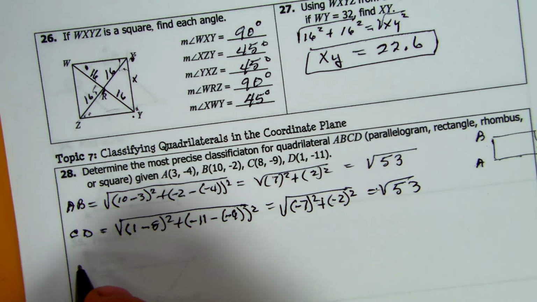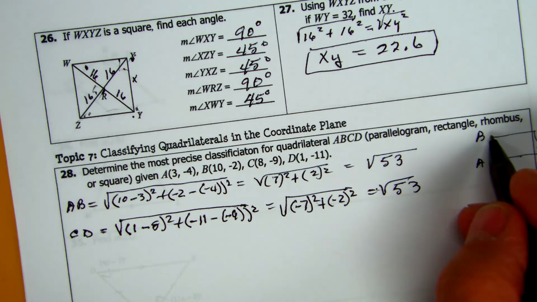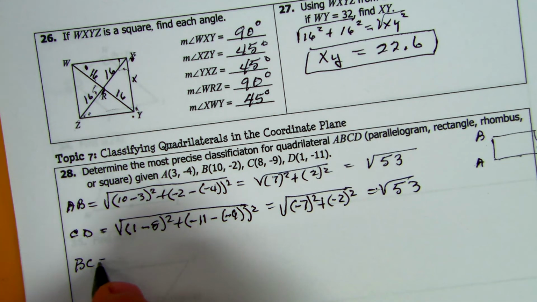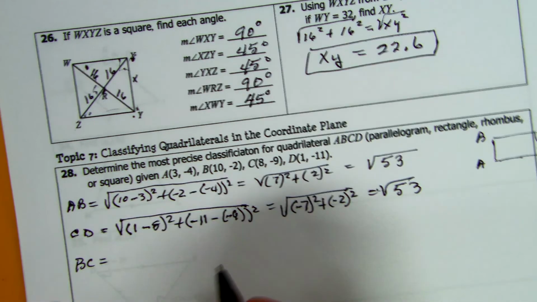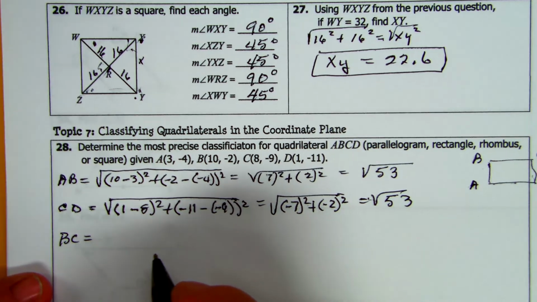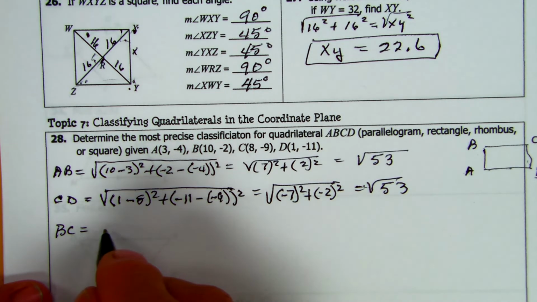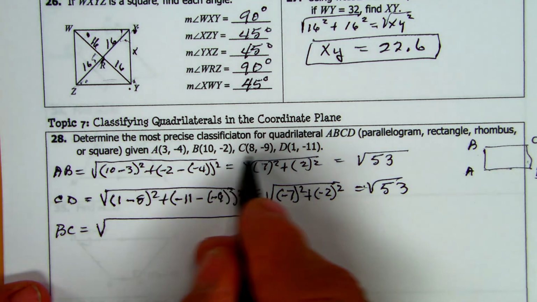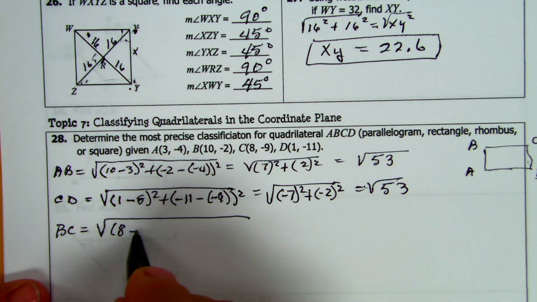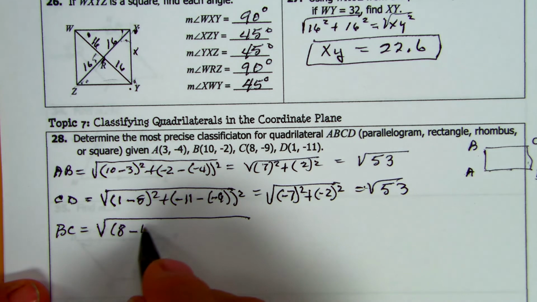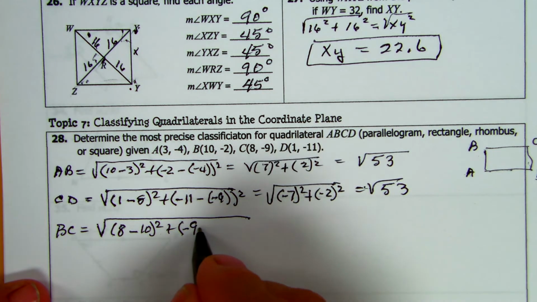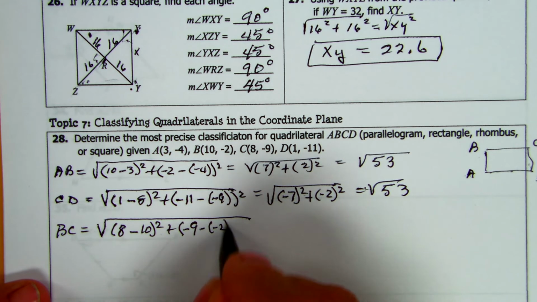Now, we did AB, we did CD, let's do BC. So BC is equal to the square root of, now we're doing B and C. I've got 8 minus 10, squared, plus negative 9 minus a negative 2, squared.